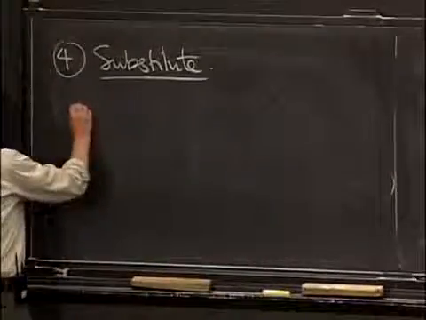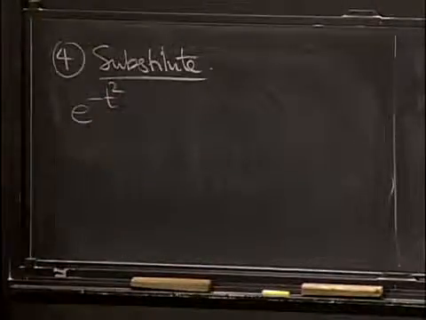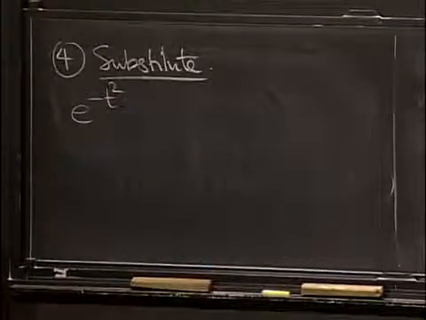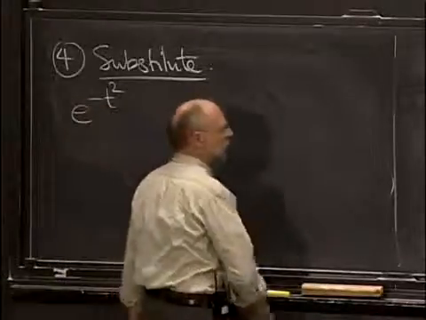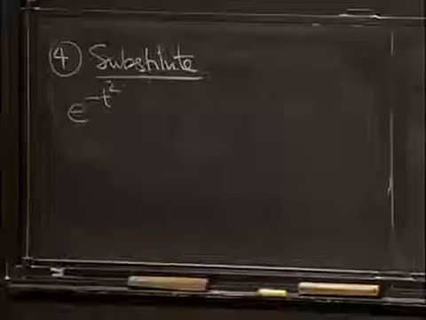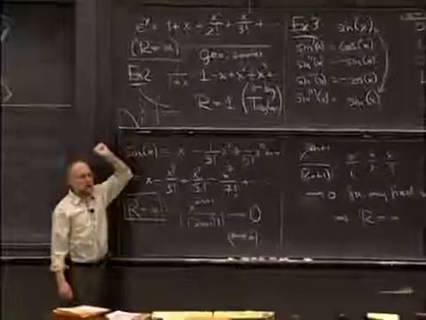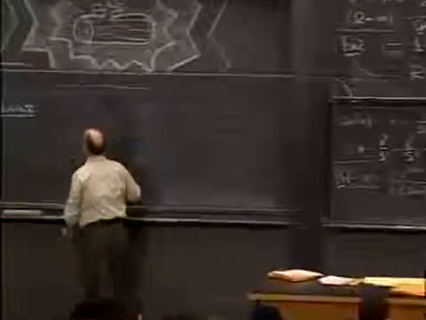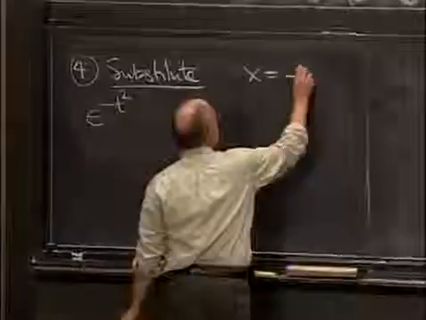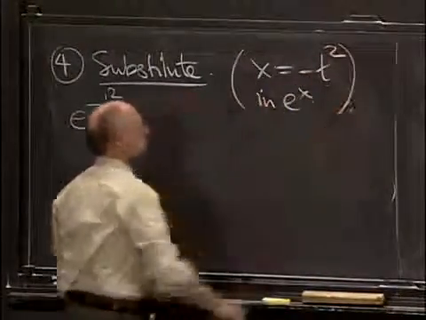So I'm going to try to find the power series expansion of e to the minus t squared. Okay? The way I'll do that is by taking the power series expansion for e to the x, which we have up there, and making the substitution x equals minus t squared in the expansion for e to the x.